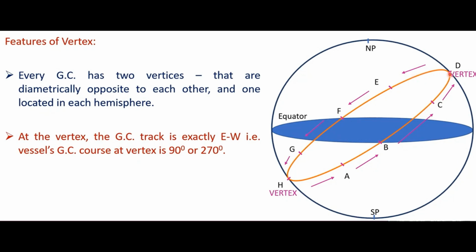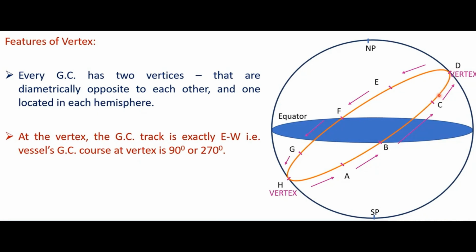Now, we also know that if the northerly latitude has started decreasing, the course must now have a southerly component. Therefore, the vessel, as it was moving along the track here, had a northerly component of the course. Then it has the southerly component. So somewhere this change has taken place.